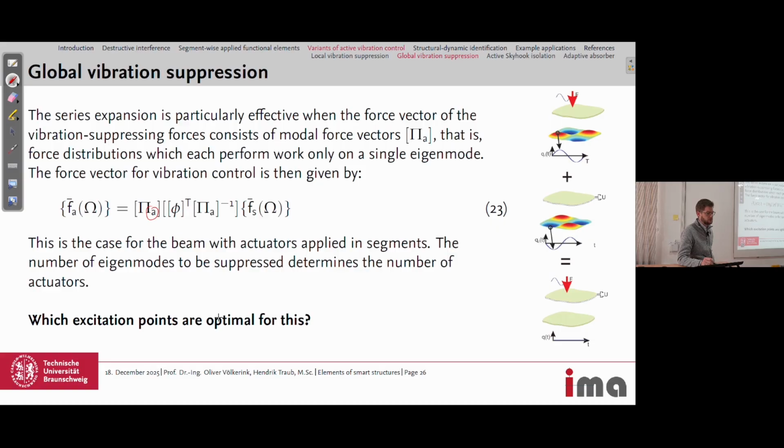Index A, so everything with index A is with respect to the actuator, and S is the disturbance. It is from my German slides, because disturbance in German means Störung with a capital S. So therefore, it's FS. I didn't change that.